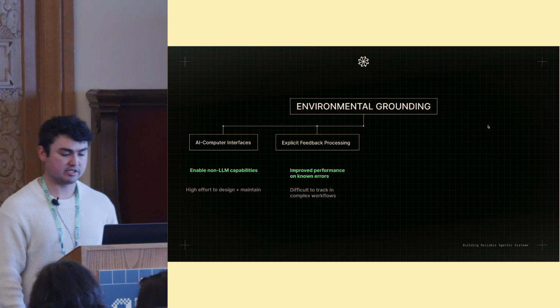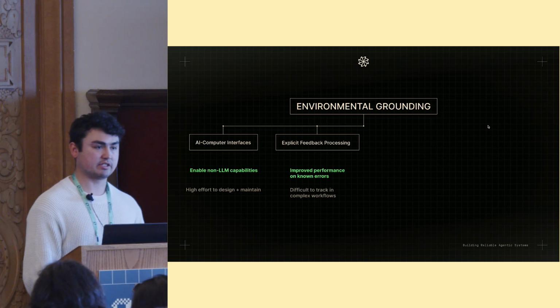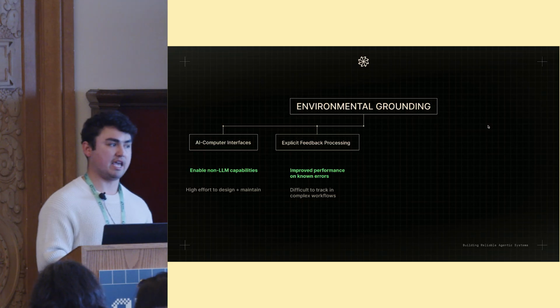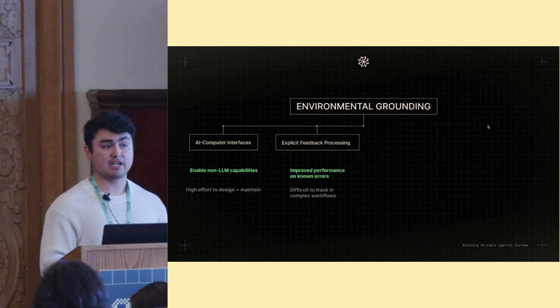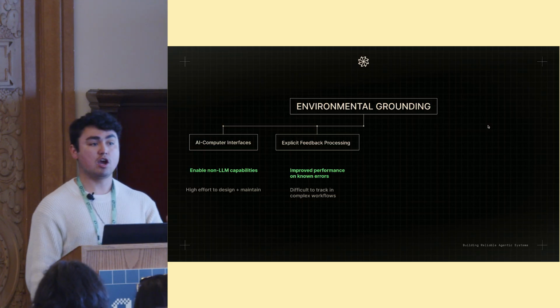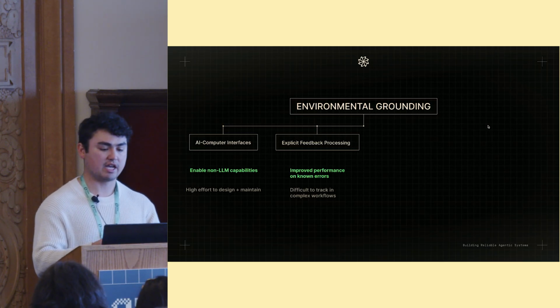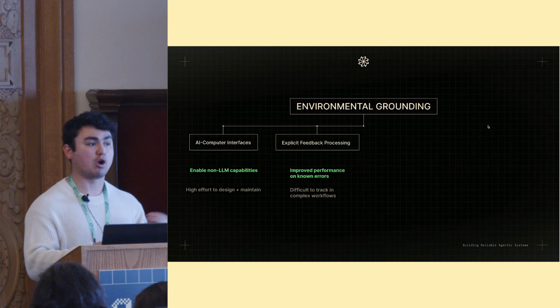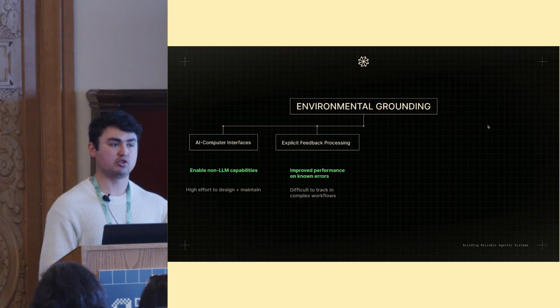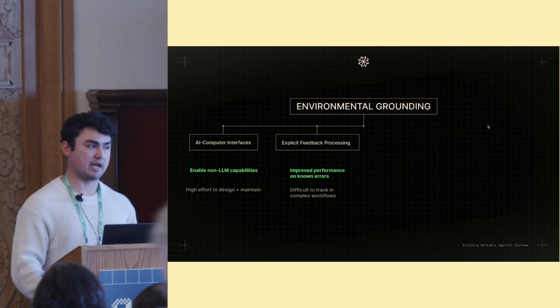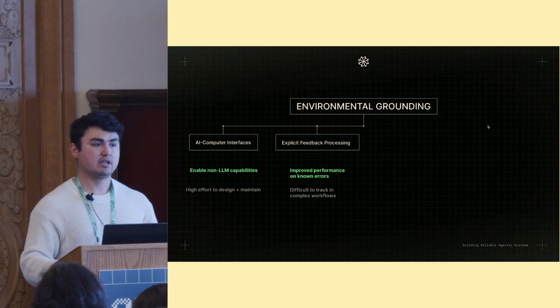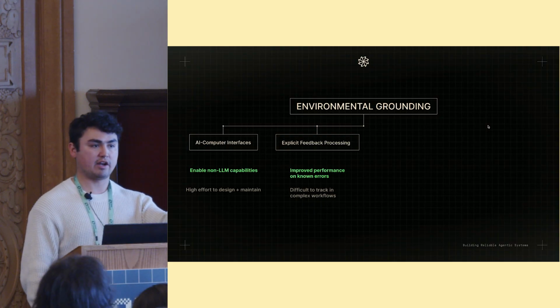I kind of touched on this a bit, but explicit feedback processing. If your agent makes a mistake, is it on the agent to realize where that mistake was? If you know where those different points of feedback are occurring in your process, you can feed processed versions of that feedback to it, right? So if an agent, for example, runs out of context, do you tell the agent, you ran out of context?